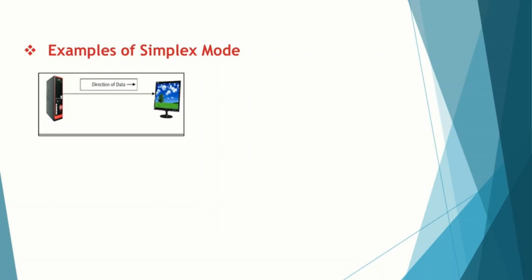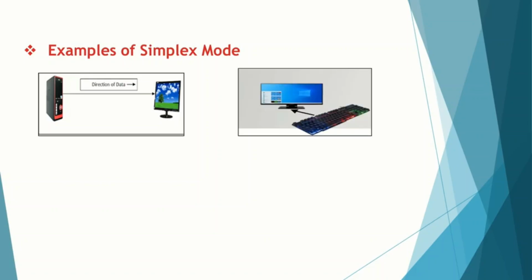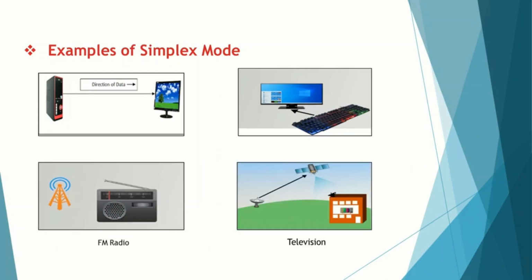In a similar way, the second example is keyboard and monitor, where the keyboard is sending the data while the monitor is only receiving the data. And next examples are FM radio and television. So radio and television systems also use the simplex mode of communication. So these are a few examples of simplex mode.